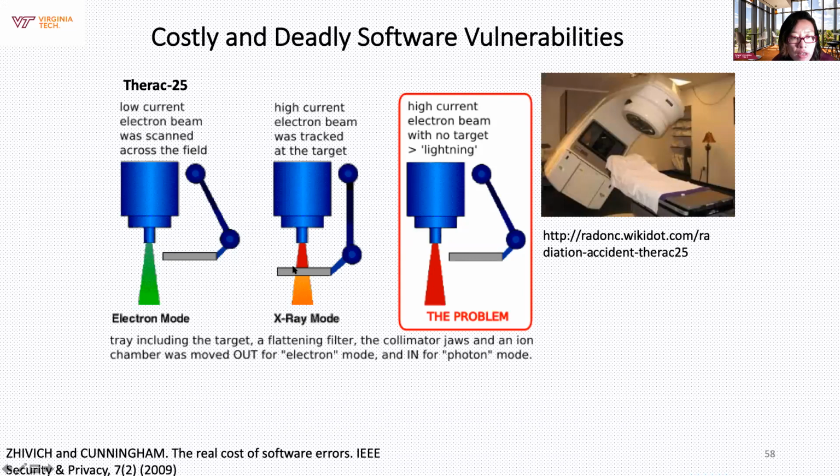But with a high current X-ray, the metal plate is in place, acting as a screening filter and measuring the dose of the radiation.